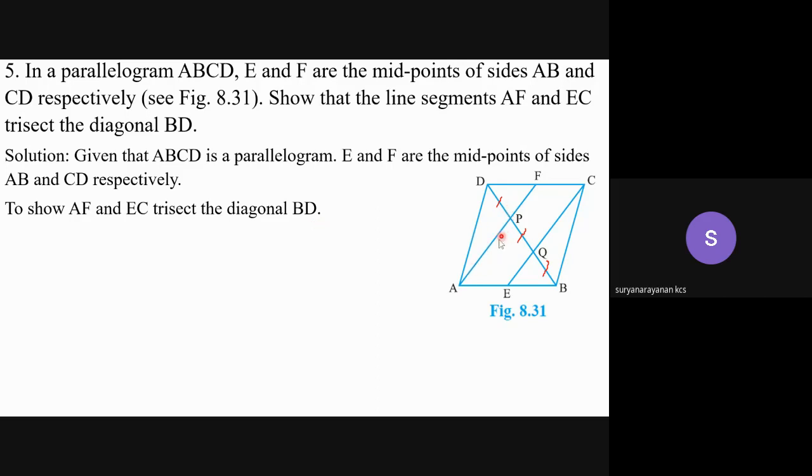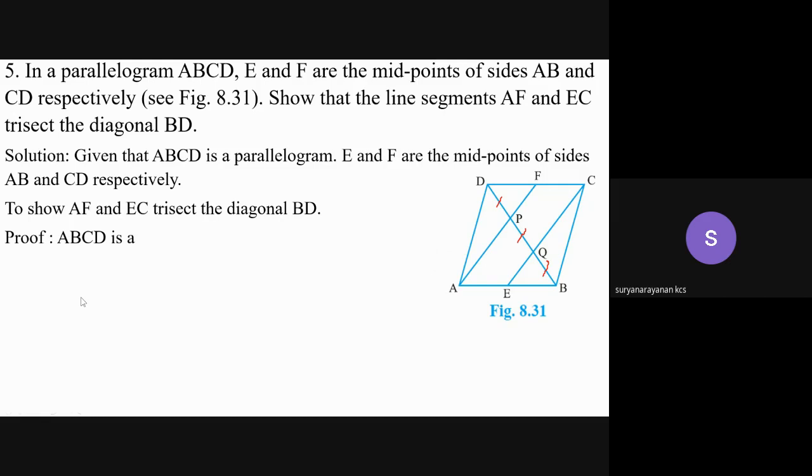Here AF and EC, these two line segments are trisecting. Suppose AF intersects BD at P and EC at point Q. Let us consider these are the points of intersection of the diagonal BD with AF and EC. For our convenience, we have taken it like this.